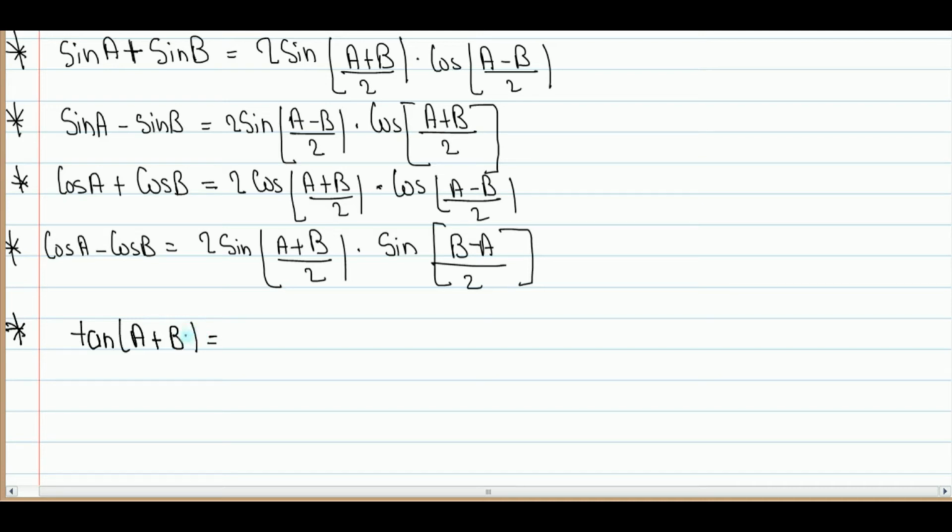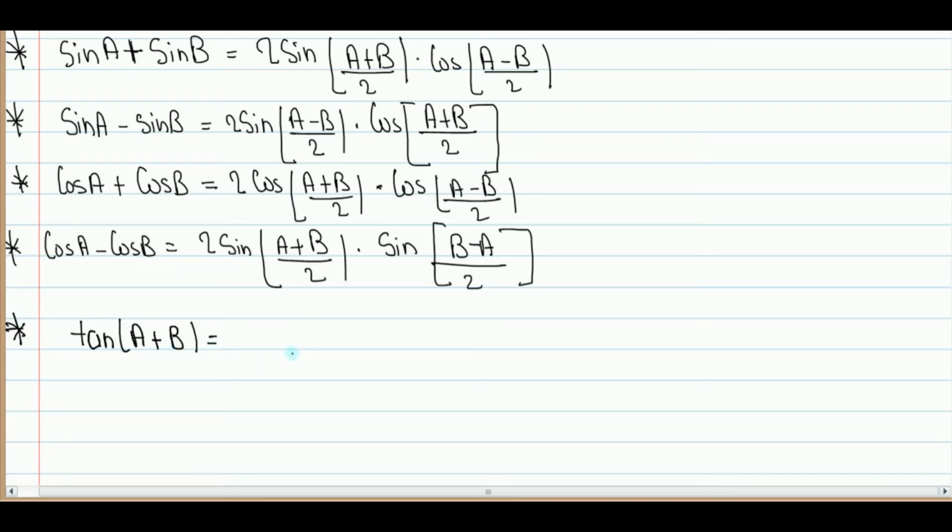So try to stick with the basics. Do you remember these things? Have you memorized them? Okay, let's forget about that. Let's say you haven't memorized tan a plus b, but you know the value of sin a plus b and cos a plus b. So can you explain it now? Try to pause the video and find it out by yourself.